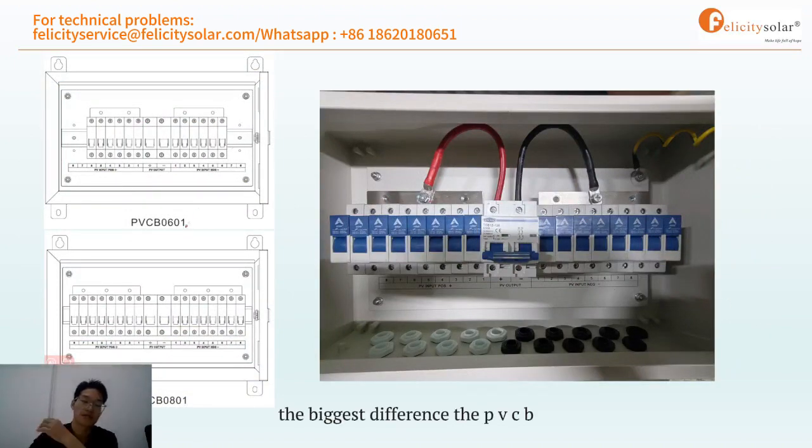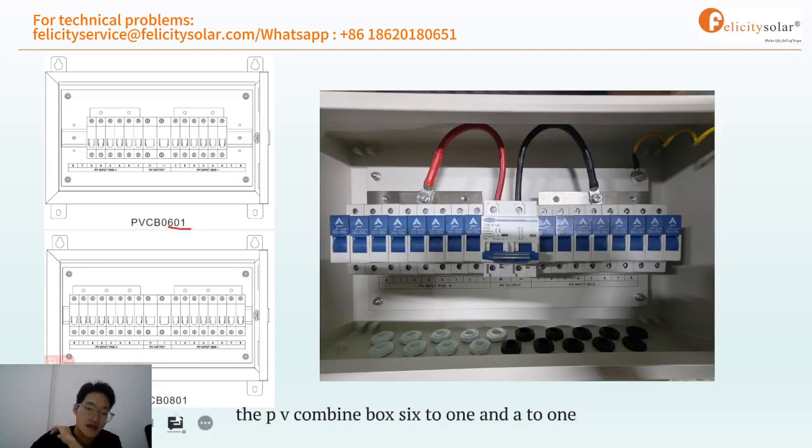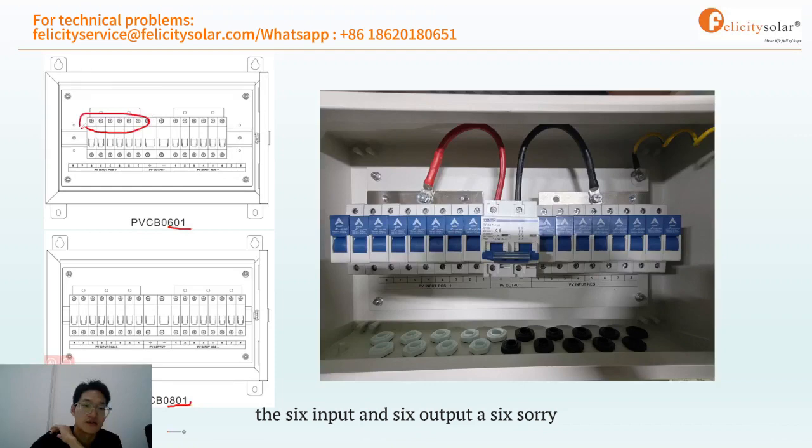Okay, so the biggest difference is the PV combiner box 6 to 1 and 8 to 1. You can see there are six inputs and one output.